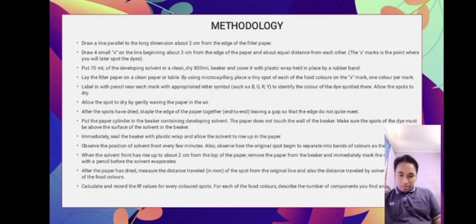After the paper has dried, measure the distance traveled by the spot from the original line and also the distance traveled by solvent for each of the food color. Calculate and record the RF value for every color spot. For each of the food color, describe the number of components you find and their color.